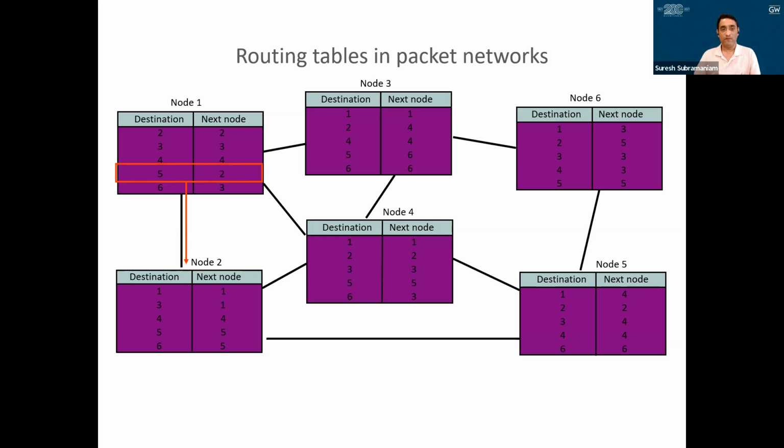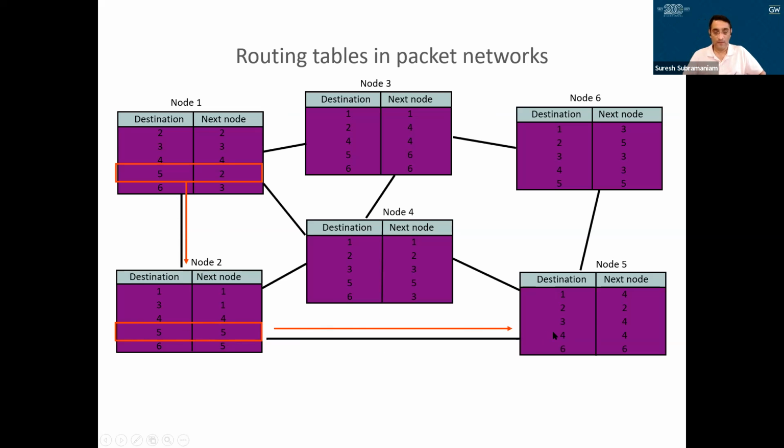But suppose the routes have been determined and these tables are populated, right? So it says if the packet is going to be sent to node 5, the table says send it to node 2. So the packet arrives at node 2. Node 2 is going to look at the packet, and it has the destination address of 5 inside the packet. And it says the next node is 5. So that means deliver it directly to 5.